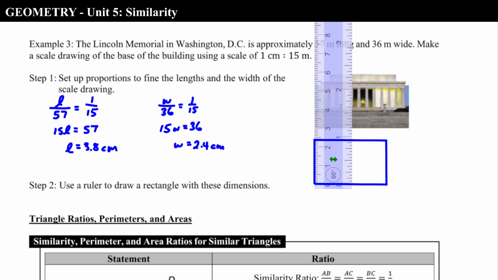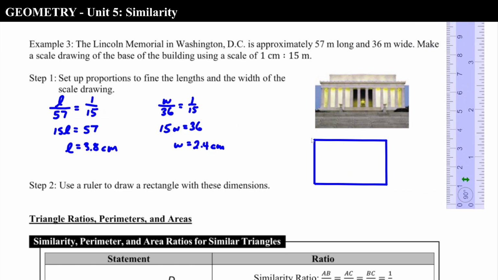Okay, so that takes care of my scale drawing of the base, and of course I'm going to want to label it as well. So we have 2.4 centimeters as our width, and we have 3.8 centimeters as our length.